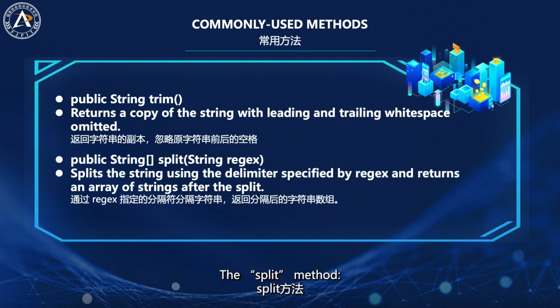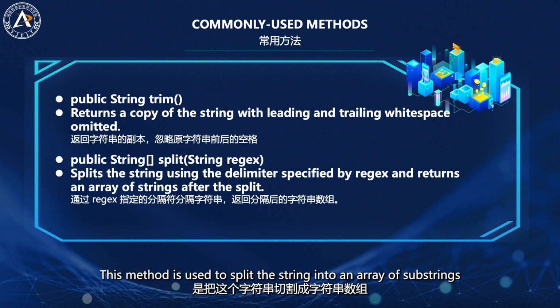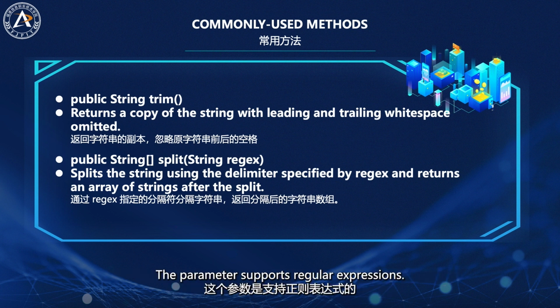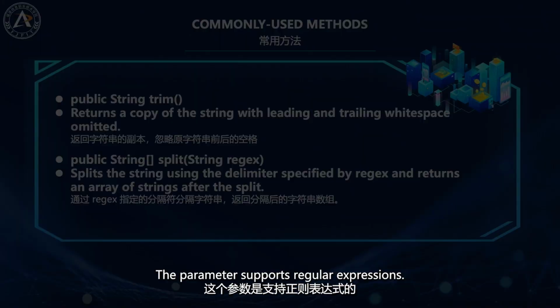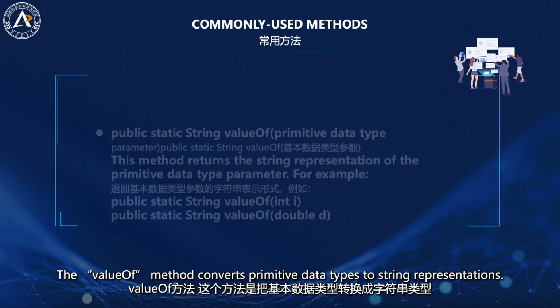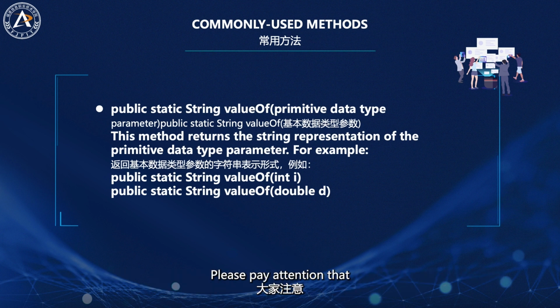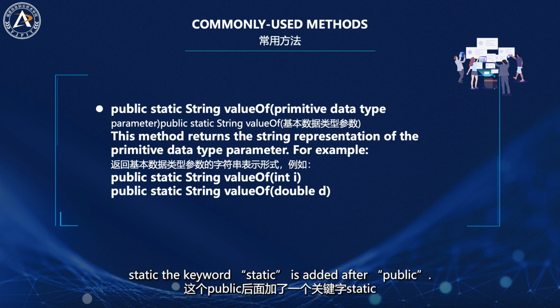The split method. Here, the word split means segmentation. This method is used to split the string into an array of substrings based on a specified delimiter. The parameter supports regular expressions. The valueOf method converts primitive data types to string representations. Please pay attention that the keyword static is added after public.